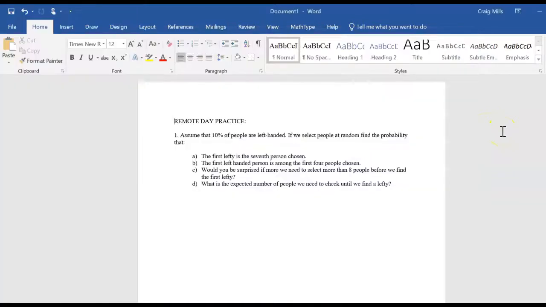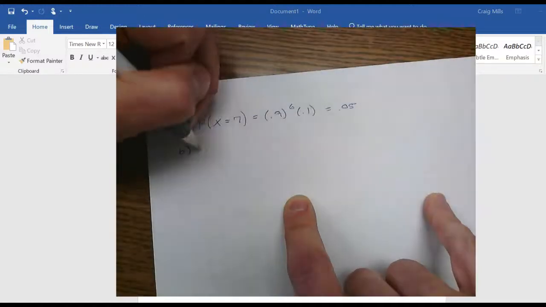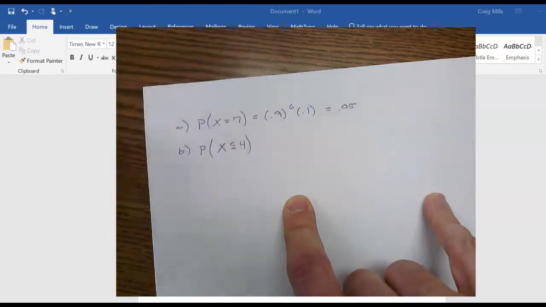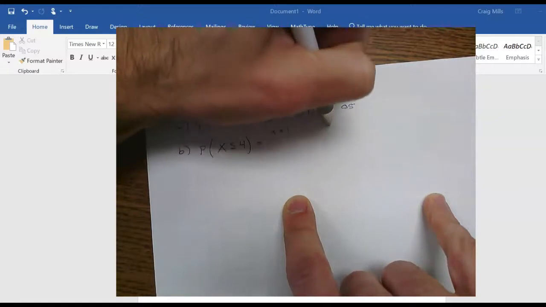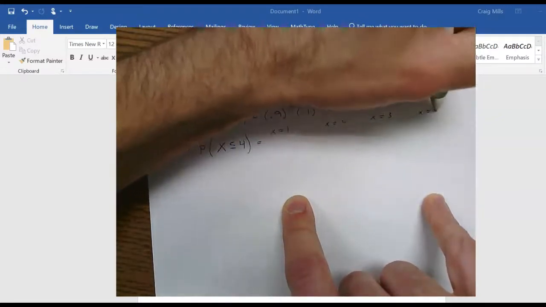So let's go back and take a look at part B. The first left-handed person is among the first 4 people chosen. So now that means the first left-handed person could have been the first person, or the second, or the third, or the fourth. So this is really an inequality. I need to think about it in terms of what if the left-hander was the first person, the second, the third, or the fourth?